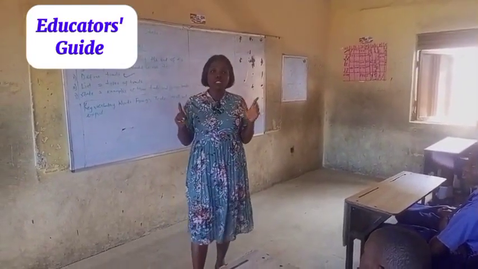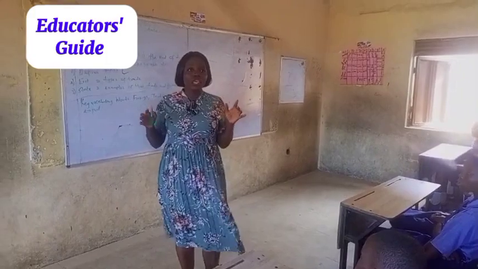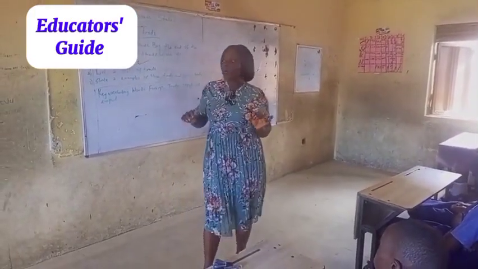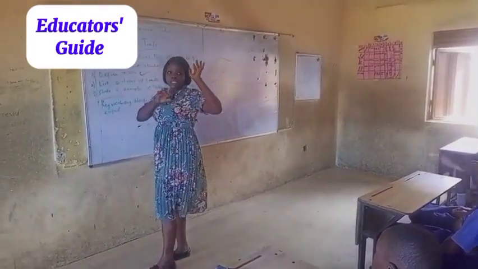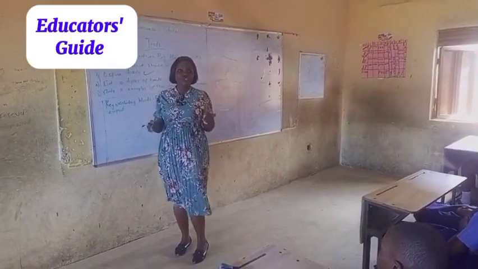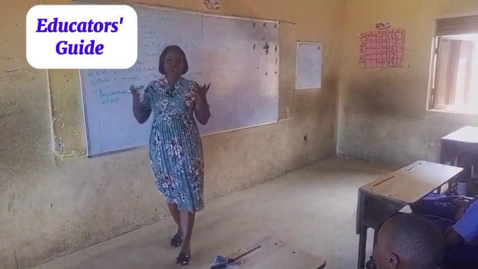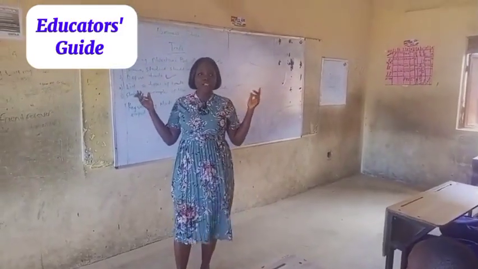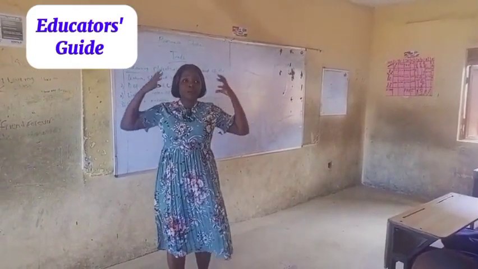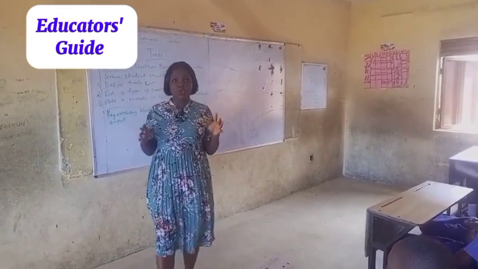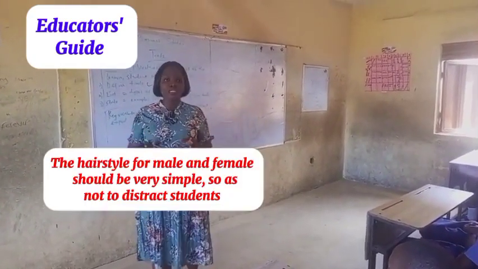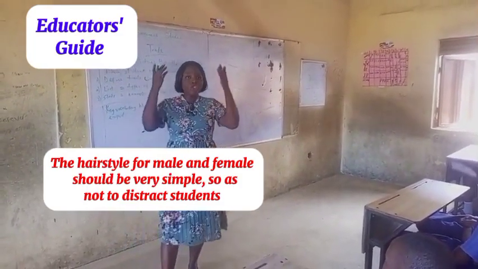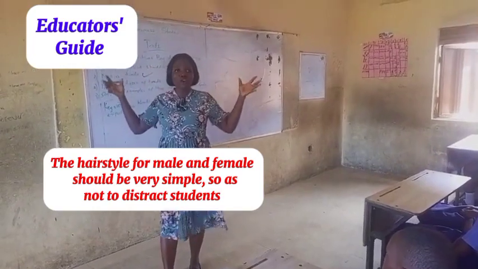You must be putting on a decent outfit, so that when you are writing, lifting your hands on the board, none of your armpit is showing, which can distract the students. Also, excessive use of accessories like big earrings and necklaces is not allowed, because it distracts the students' attention. Followed by, your hair must not be too full.